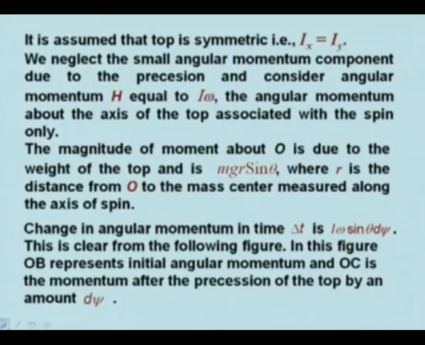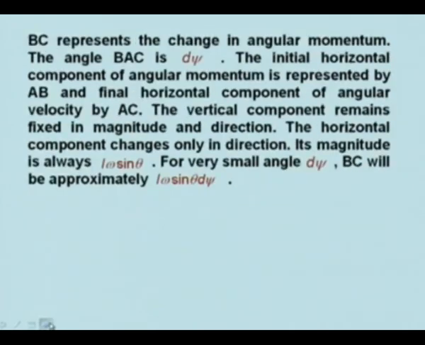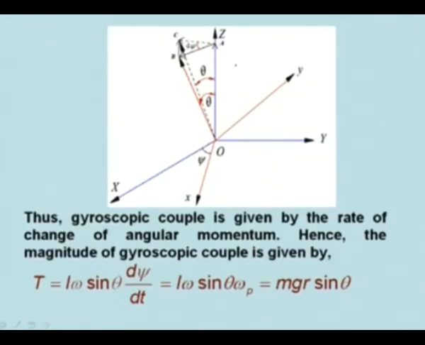So in the figure, OB represents the initial angular momentum and OC is the momentum after the precession of the top by an amount d psi. BC represents the change in angular momentum.